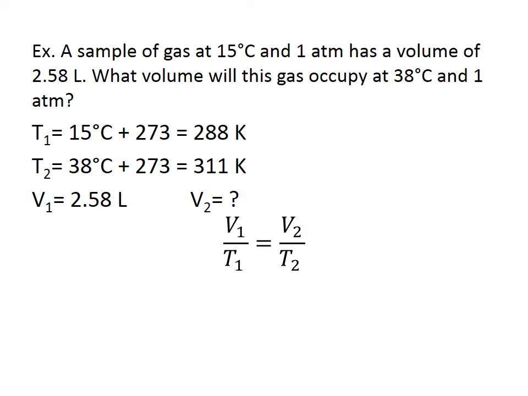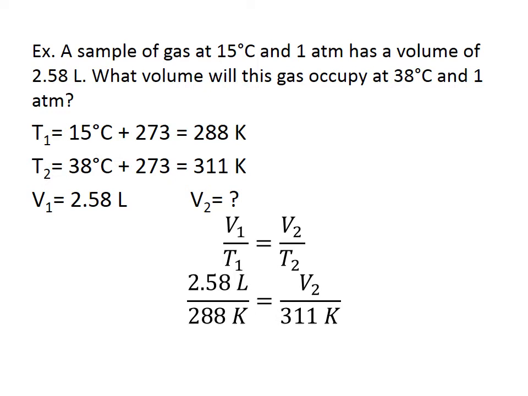When we substitute our values into the equation, we get 2.58 liters divided by 288 Kelvin, which is equal to V2 divided by 311 Kelvin. Now all we have to do is rearrange our equation to solve for V2.